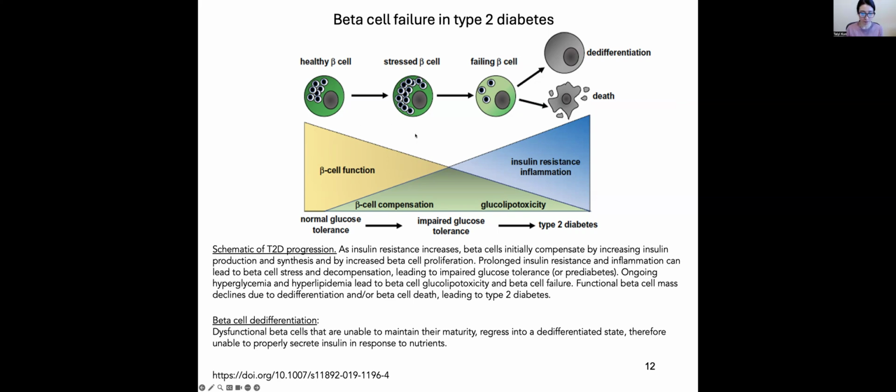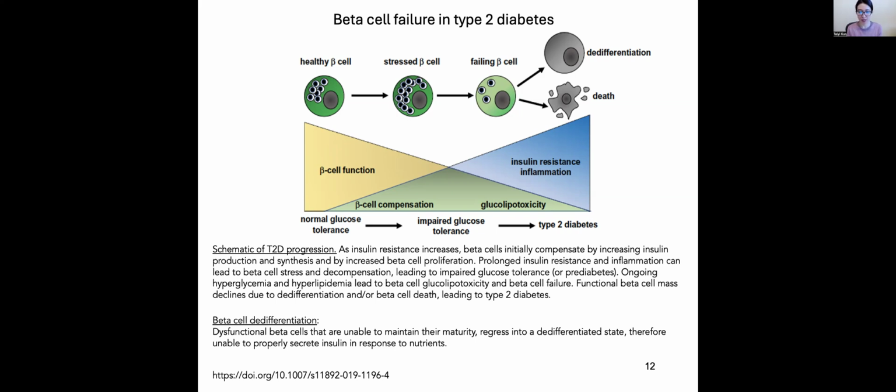However, by doing that, the beta cell enters a stress state, okay? If the insulin resistance persists, it can lead to the decompensation of the beta cell, and we won't have a normal glucose tolerance.